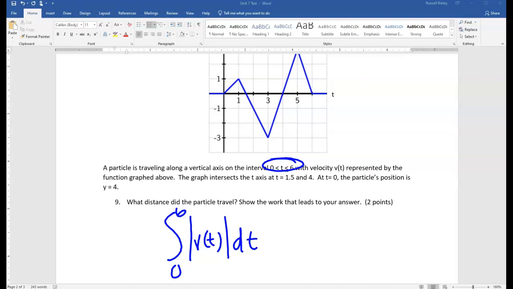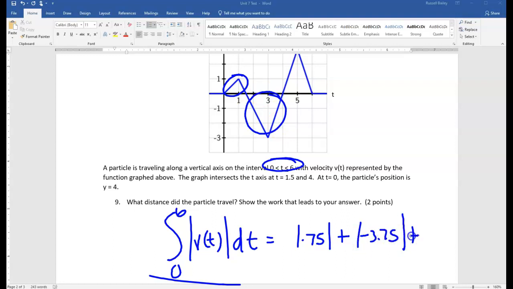Now, to do this, you're still going to add together all the areas, but this time it's going to be the absolute value of all the areas. So this guy was 0.75, but we want the absolute value of it. This piece here was negative 3.75, but we want the absolute value of it. And this guy here was 3, but we want the absolute value of it.